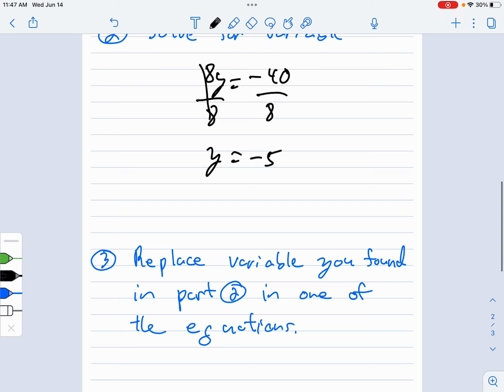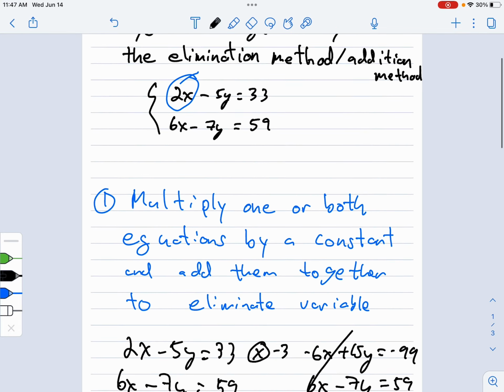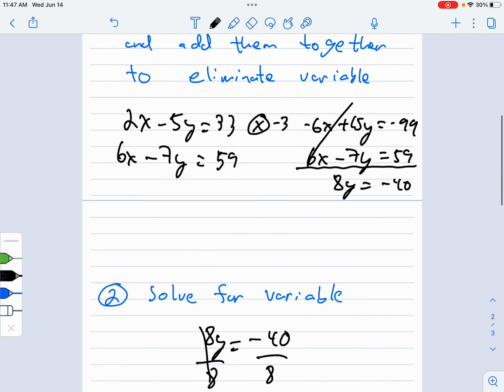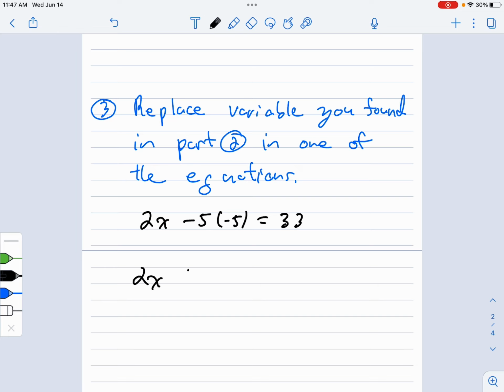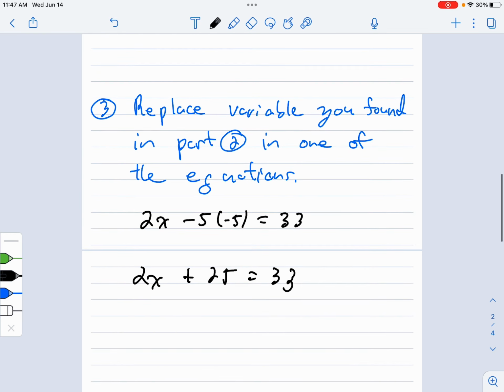You get y equals minus 5. Now you need an x value. So you replace the variable you found in step 2, the -5, in one of the original equations. I'm going to take 2x minus 5y equals 33 and plug that in. 5 times -5 is -25, but with the other negative in front, it becomes plus 25.